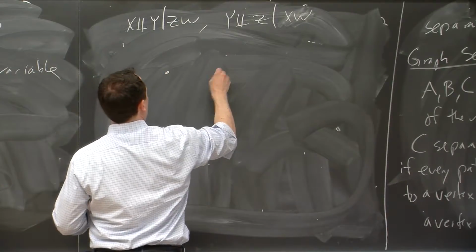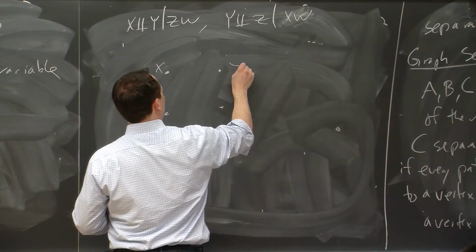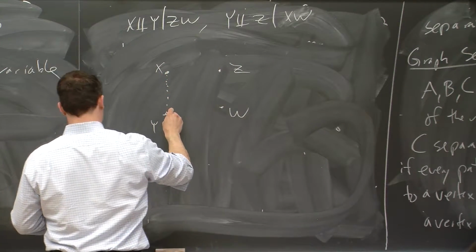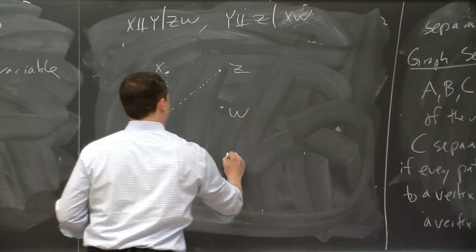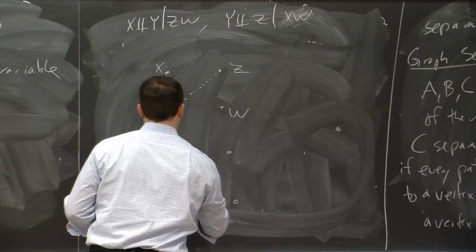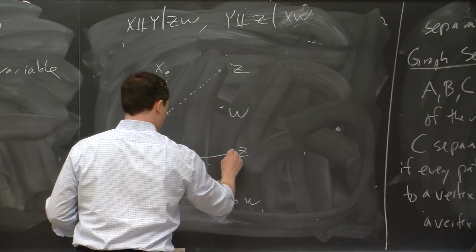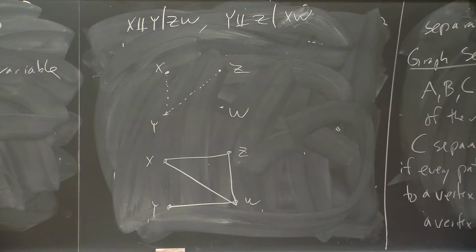So we have 4 variables, x, y, z, and w. And we're going to forbid this edge, and we're going to forbid this edge. So the resulting graph, x, y, z, w, would look like this: all the edges except the forbidden edges.